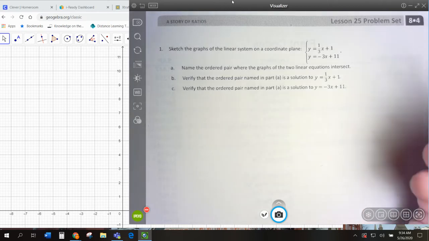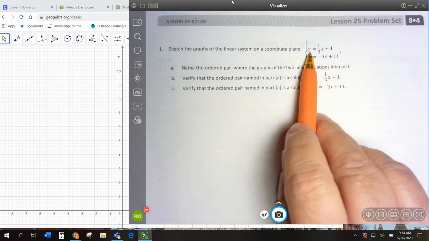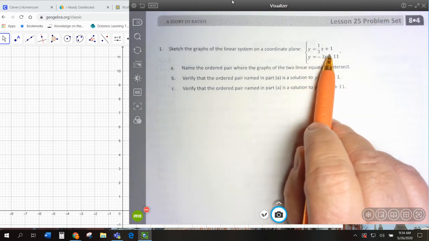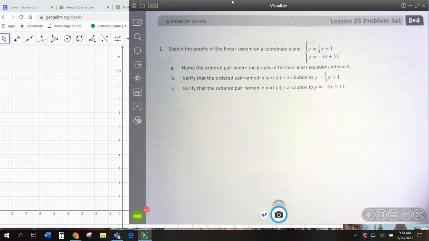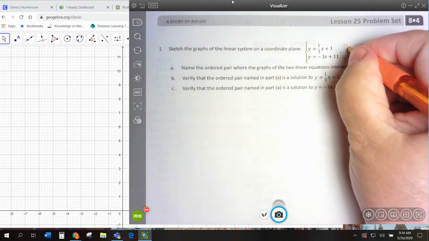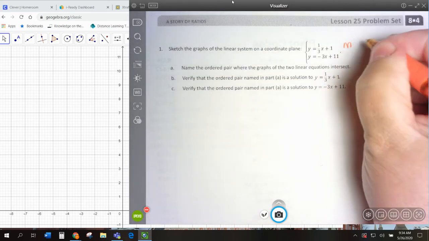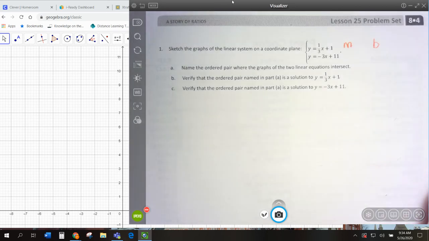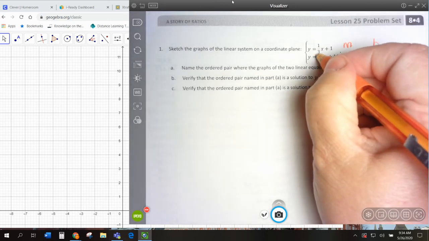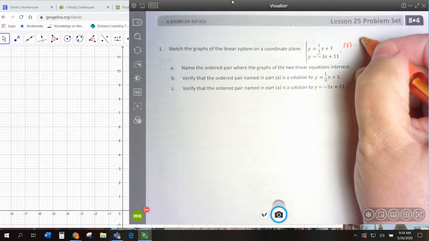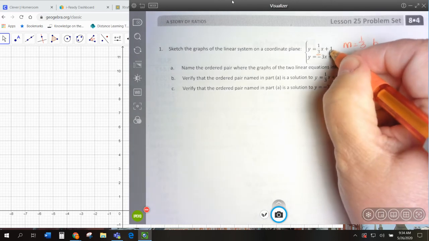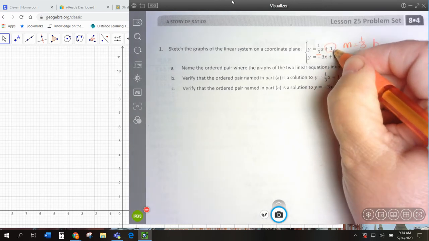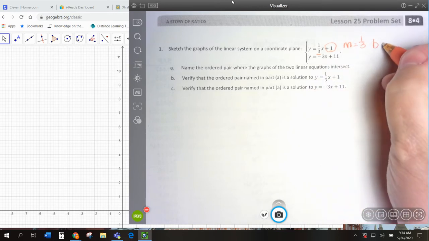So let's start by graphing y equals 1/3 x plus 1. Well, to graph it, we're going to need to know our m, which is our slope, and our b, which is our y-intercept. Remember, our m is 1/3, and our b is +1.